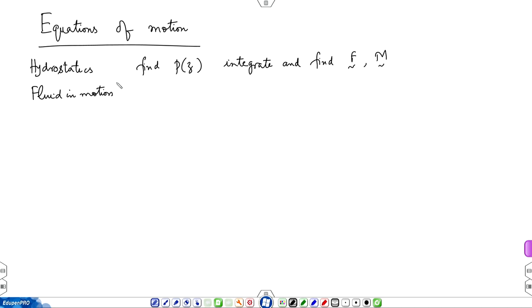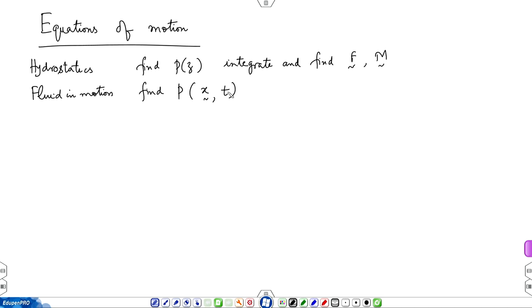So, when the fluid is in motion, the procedure is, I am just trying to compare with hydrostatics, find P, which is not a function of z only, it is a function of x, y and z in general. Okay, so then it may also change with time. It will change with position, it may also change with time. So, we show it as P(x, t).